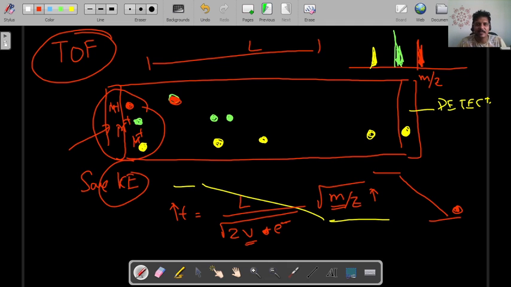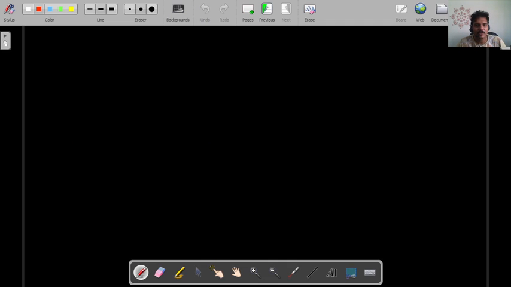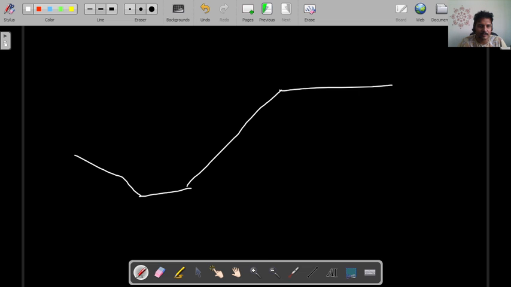We'll see the next type. You again take the same example of the ramp. I have the same 3 balls. I'll just make the ramp like this. This is my ramp.